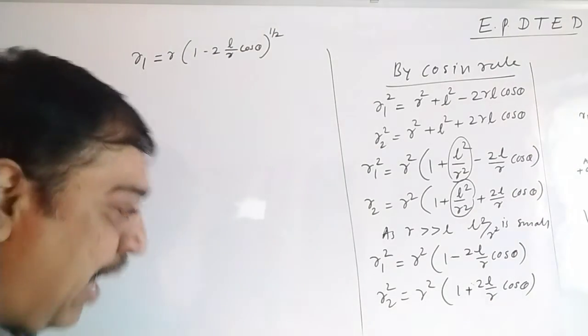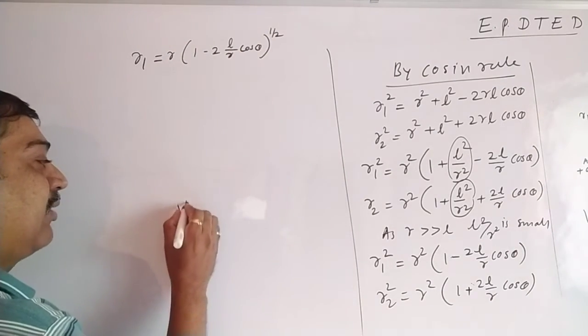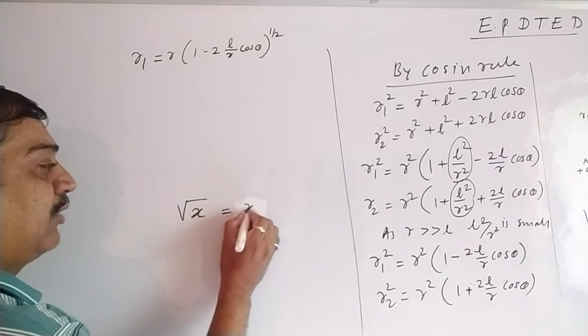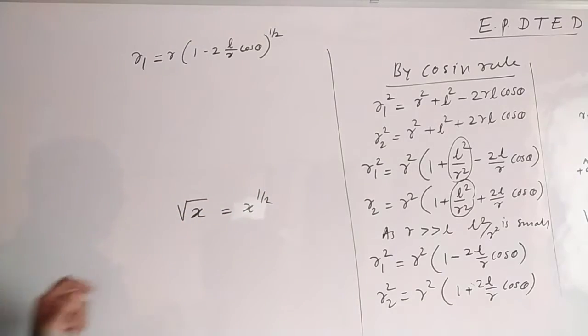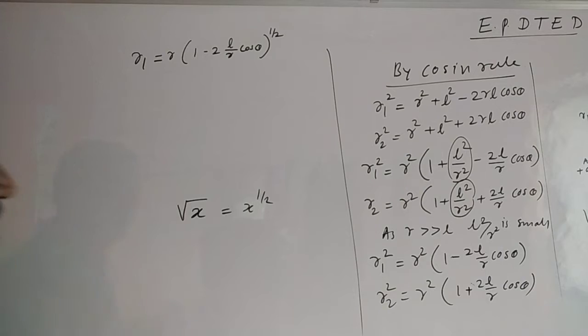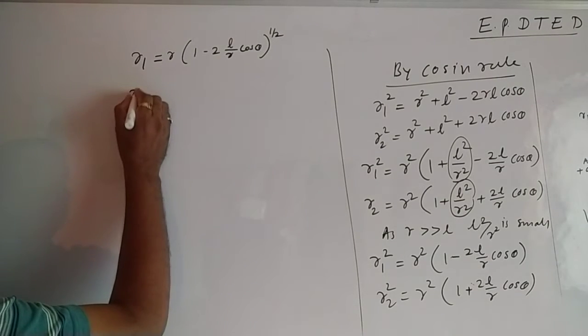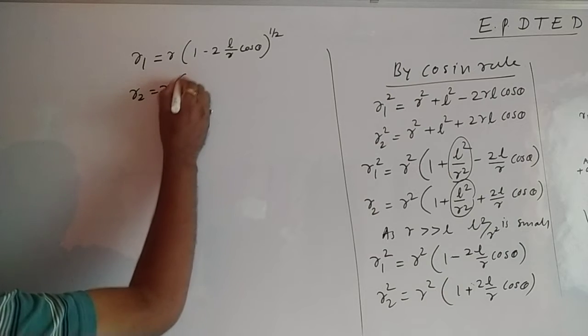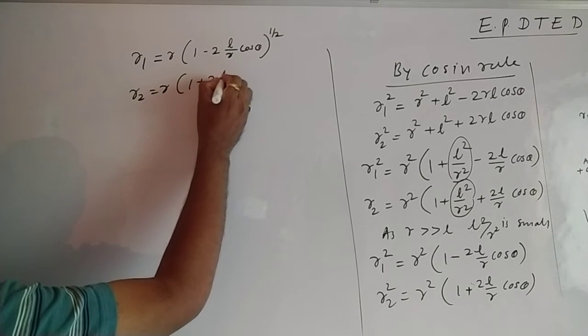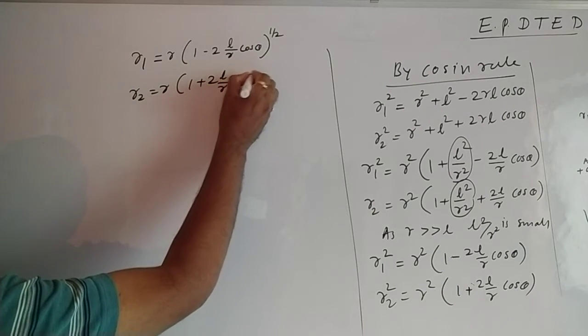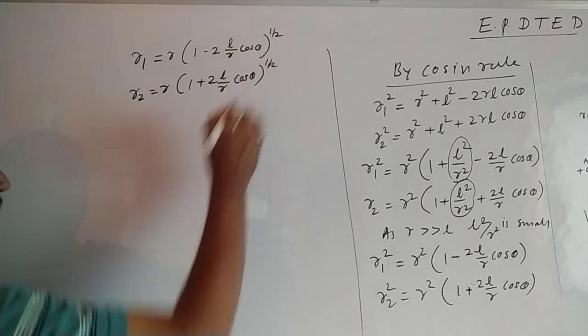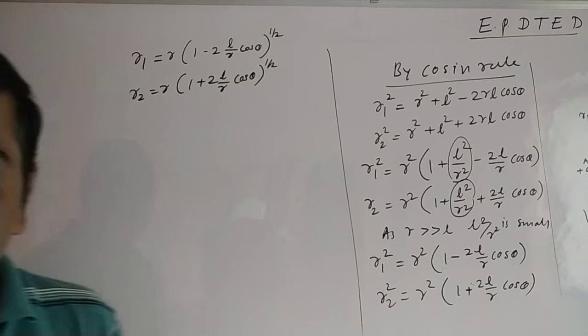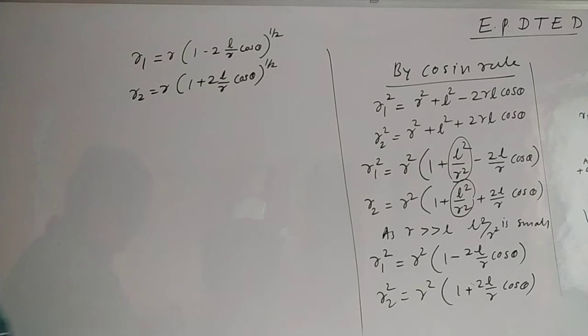Why does it come to 1 by 2? Just remember, if there is a term root x, we can write x to the power 1 by 2. Same thing, we have taken the square root of this equation, so the power comes to be 1 by 2. Similarly, take the square root of the second equation: R2 equal to R in the bracket 1 plus 2L by R cos theta to the power 1 by 2. Is it clear? Simply we have taken the square root of both.